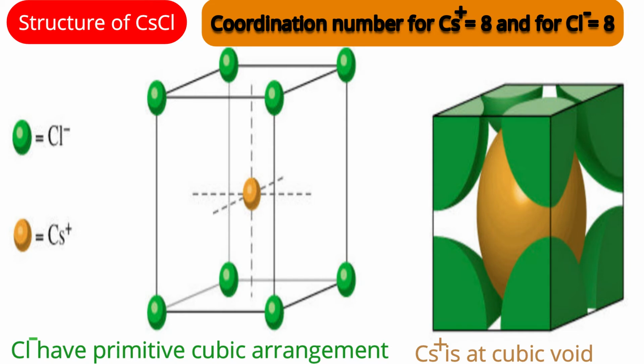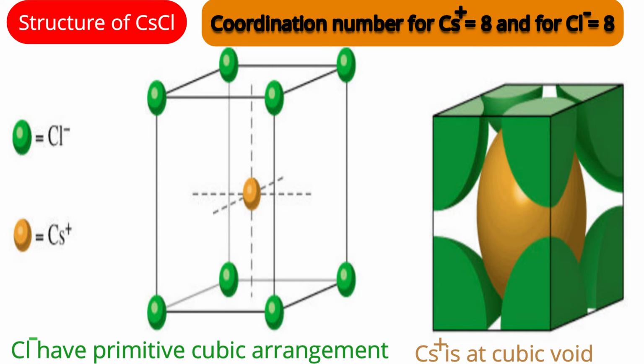As per our prediction from the radius ratio rule, we find the cesium ion is at the center of the cube and chloride ions are at the corners of the cube. See here, chloride ions are represented by green color and cesium by yellow color.